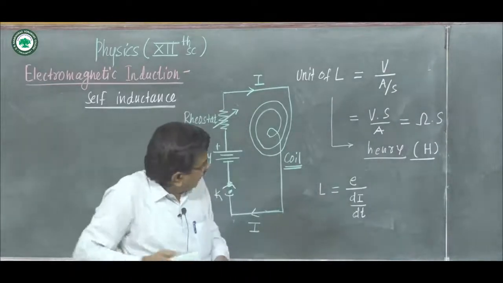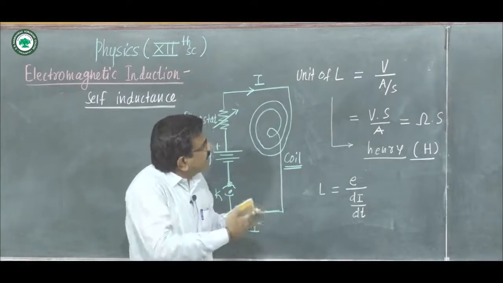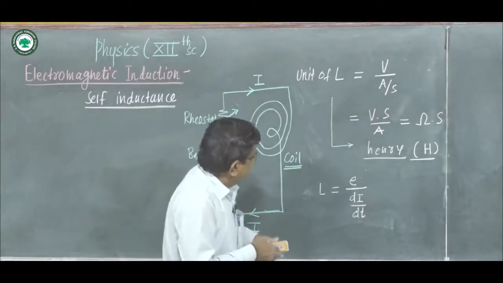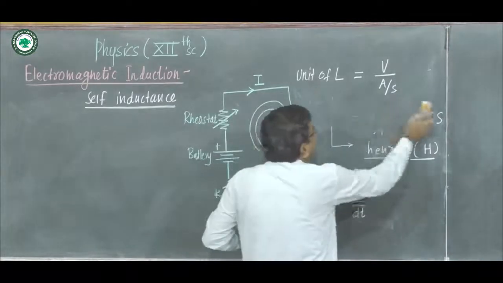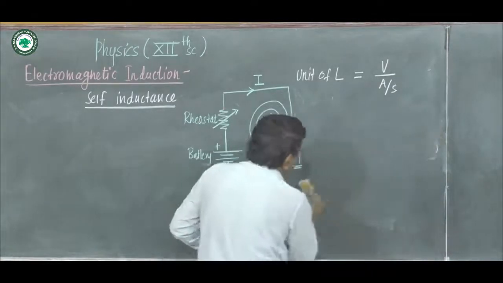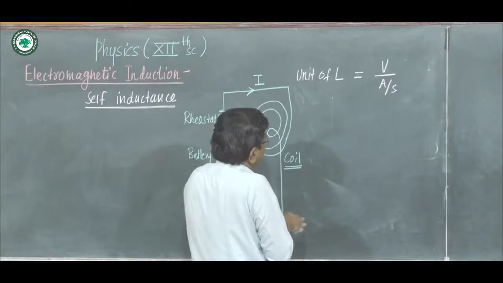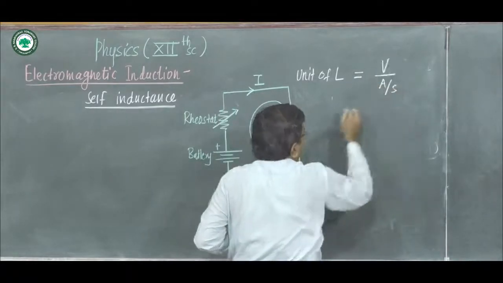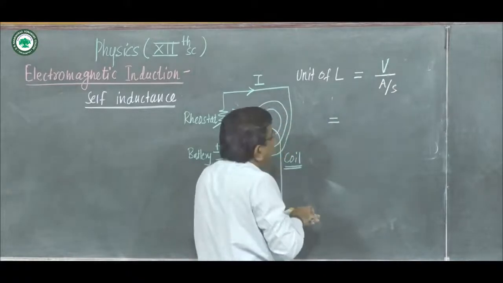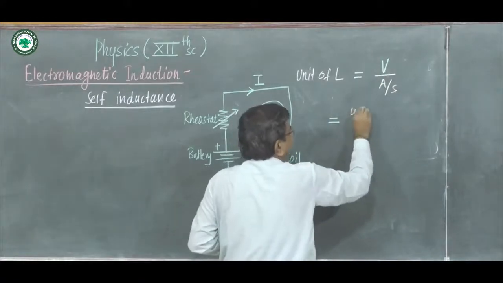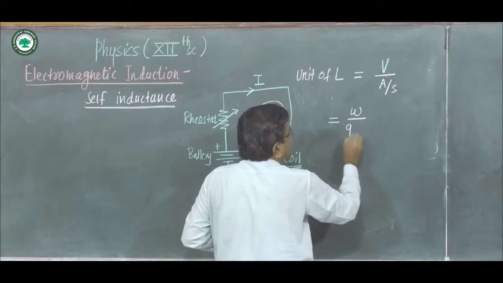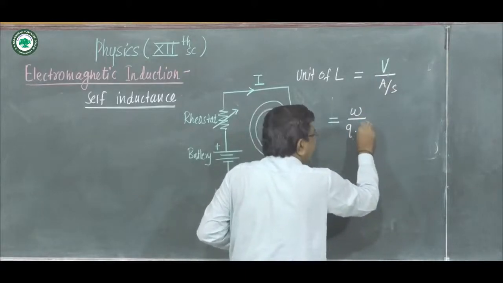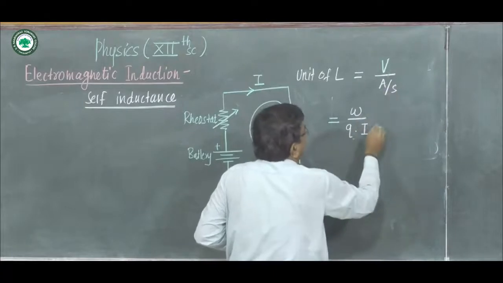Similarly, we can find the dimensions of self inductance. Dimensions of self inductance are very simple. We know the potential difference V is nothing but work upon charge. Again, current I means charge upon time.